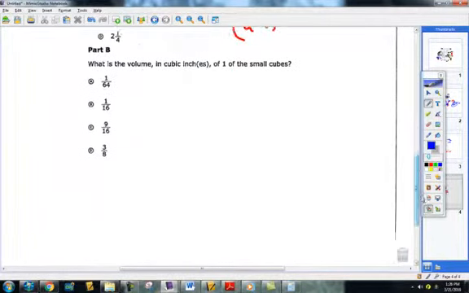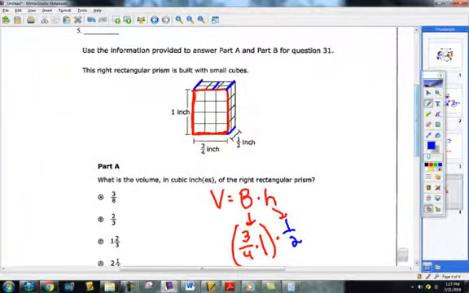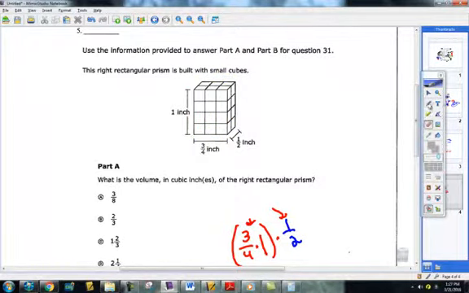All right. What is the volume in cubic inches of one of the small cubes? Okay, so you got to figure out one of these cubes. So I'll erase this. So imagine you had this cube right here. 1, 2, and then it'd be even that part right there too, right? But you got to imagine that's 3D. So imagine pulling it out of there, redrawing it. It's not a very good cube, but you get my point, I think.